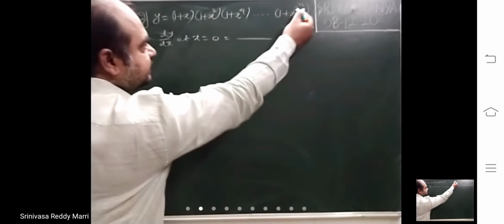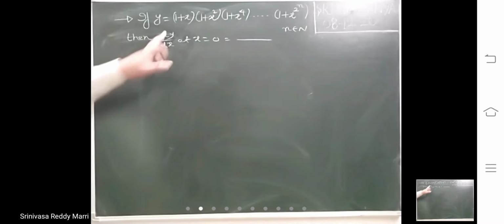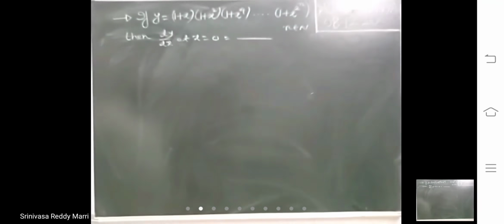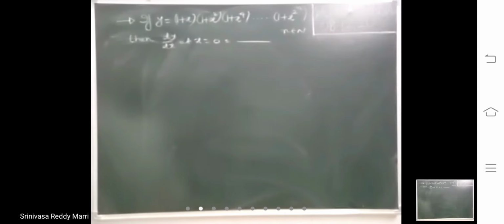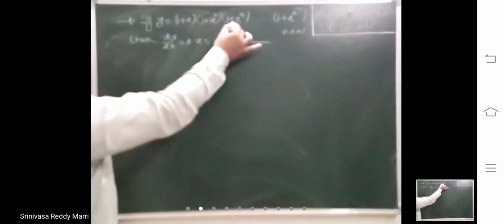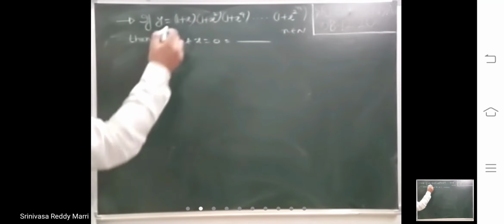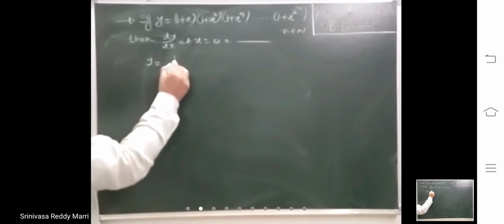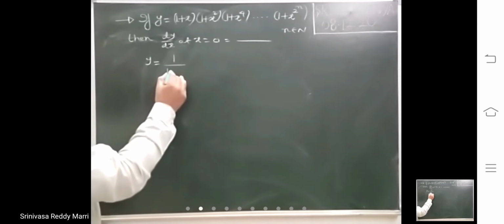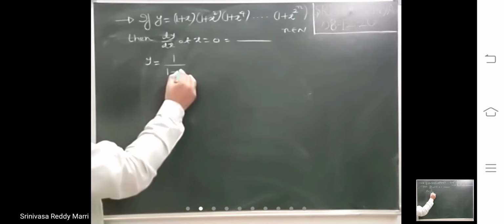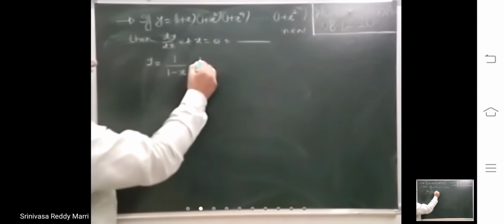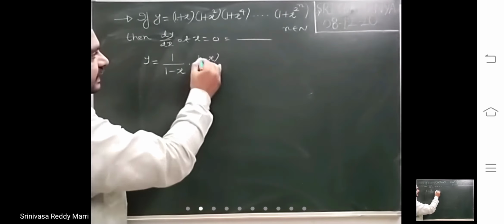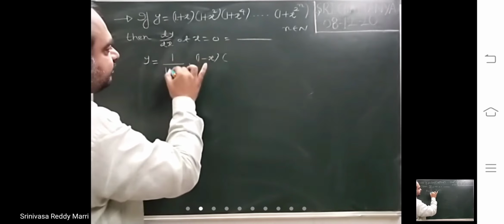Look at this. This expression contains several factors. Directly doing that is difficult. That's why whenever this type of expressions will come, the first term is 1 plus x, so plus is there, you multiply with minus. You multiply both numerator and denominator with the first factor, minus.